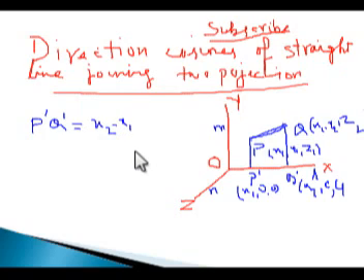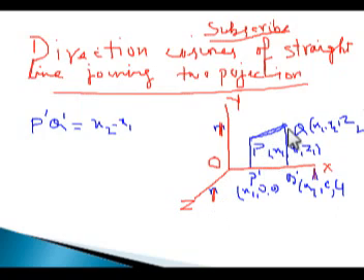Here I have taken the direction cosines wrongly. The direction cosine of the x-axis is 1, the direction cosine of the y-axis is 1, and the direction cosine of the z-axis is 1.